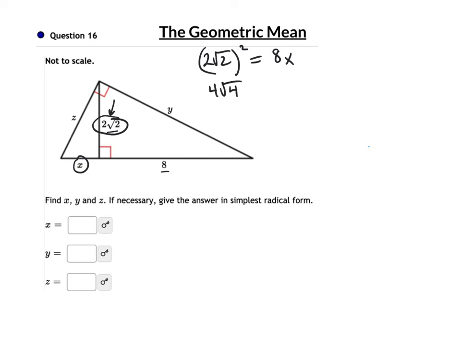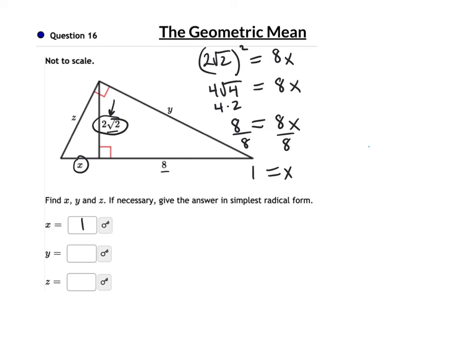I'm squaring them both. 2 times 2 is 4. Root 2 times root 2 is root 4. Equals 8x. Square root of 4 is 2. This is 4 times 2. So 8 equals 8x. Divide both sides by 8, and x is 1.